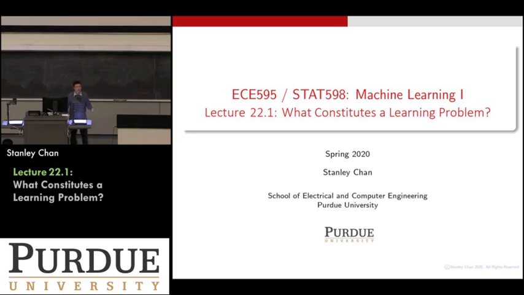It works for all kinds of machine learning algorithms. We will be using the linear models from time to time as illustrations. The reason is that it's easy to analyze, and we want to know what the performance would be. However, the thing that we are going to study is really, really general.